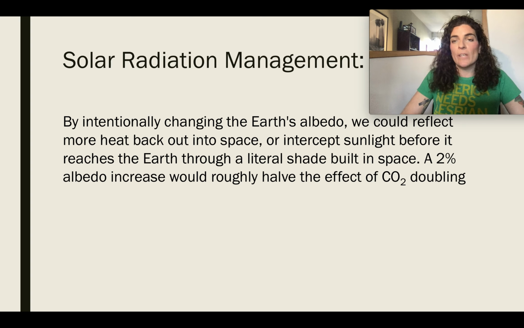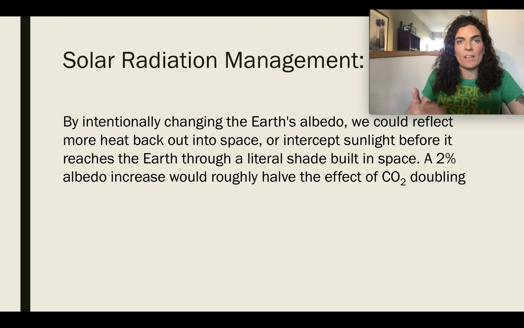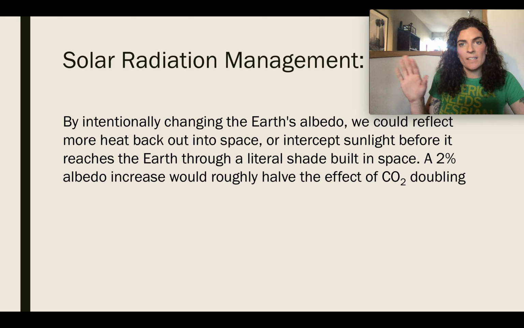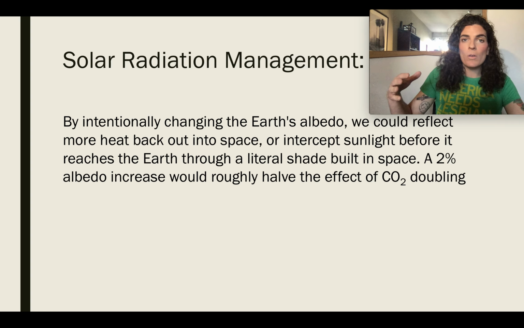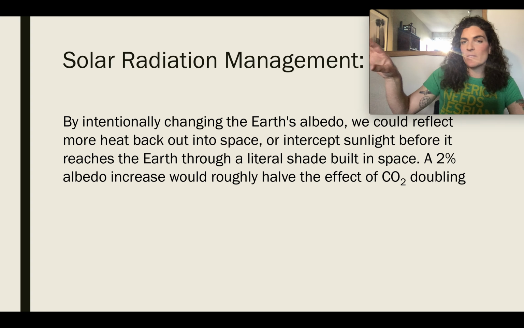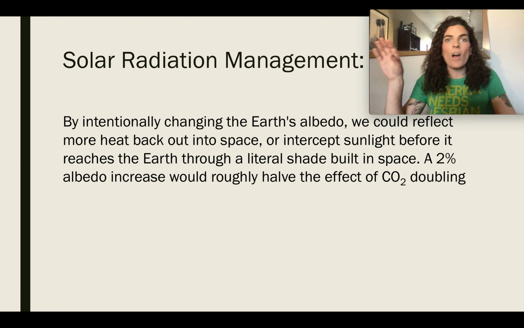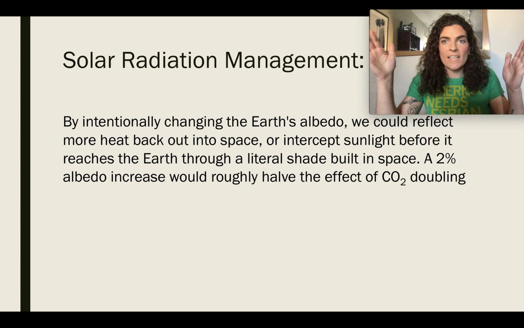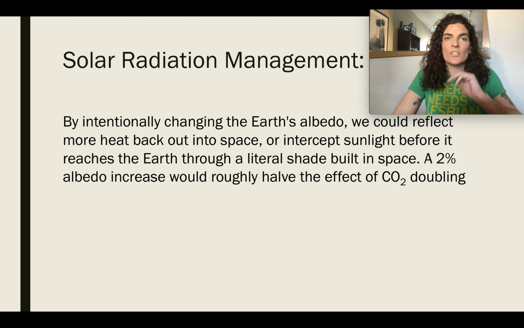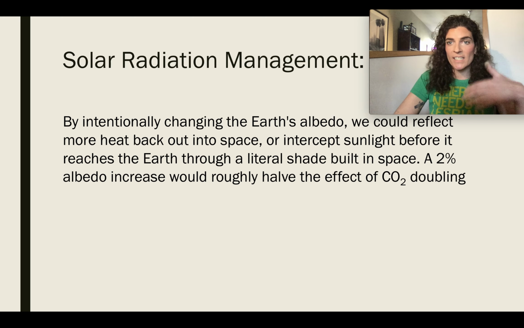And we would need to increase the albedo, the amount of sunlight that we're reflecting, by 2%, so from 30 to 32%, to roughly offset half the warming effect that would result from a doubling of the amount of carbon dioxide in the atmosphere. So if we double how much carbon dioxide gas is in the atmosphere, the warming that results from that, we offset by increasing the albedo by 2%. That's the idea behind solar radiation management techniques of geoengineering.